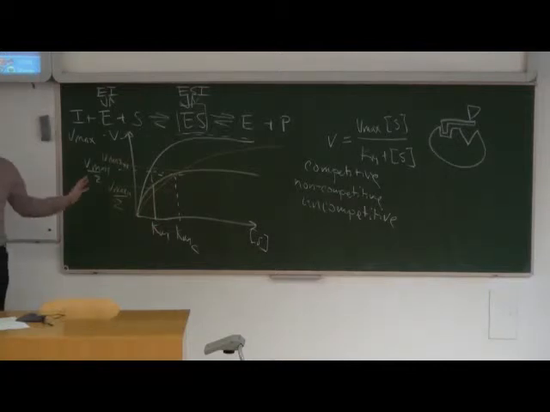Right, what happens to the parameters? Let's think about it. What will happen to Vmax? What will happen to the rate of reaction at infinite concentration? I think it will decrease because it will stop the reaction if it's inhibited. Okay, correct.